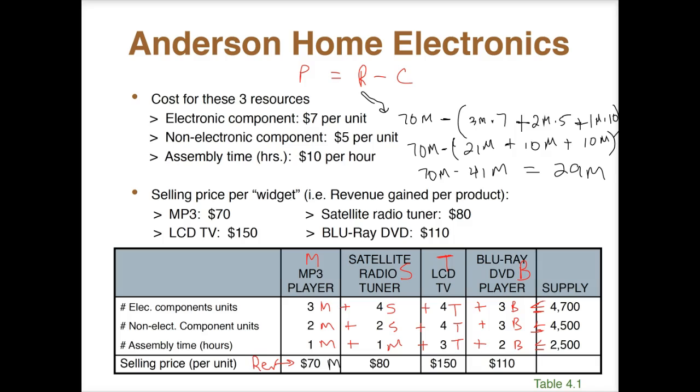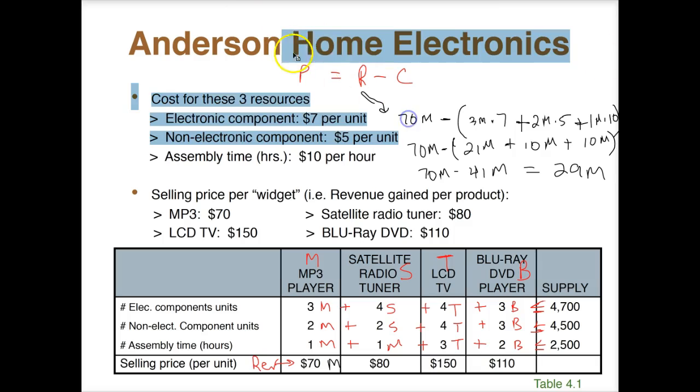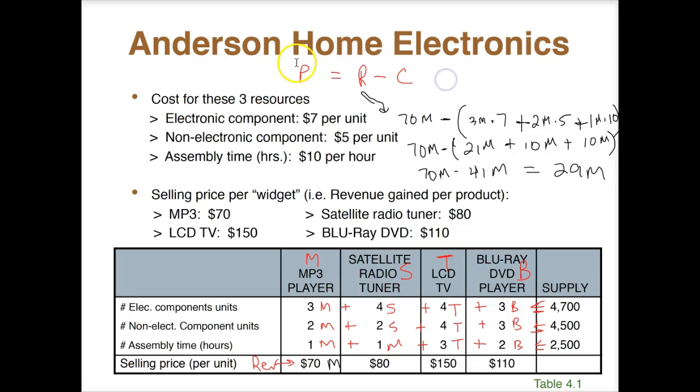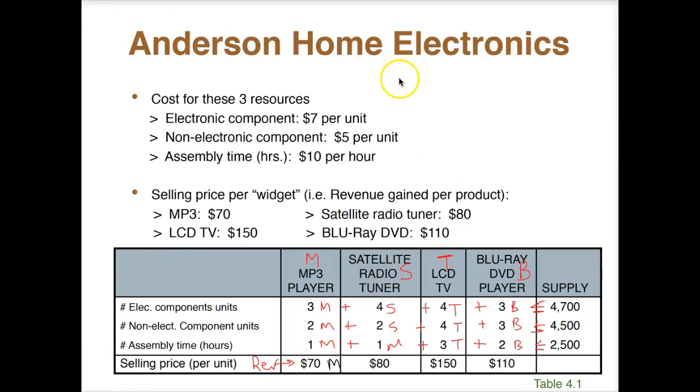So I'm going to go ahead and erase. Let's see if I can erase this here. All right, so again here we see that profit is equal to revenue minus cost.